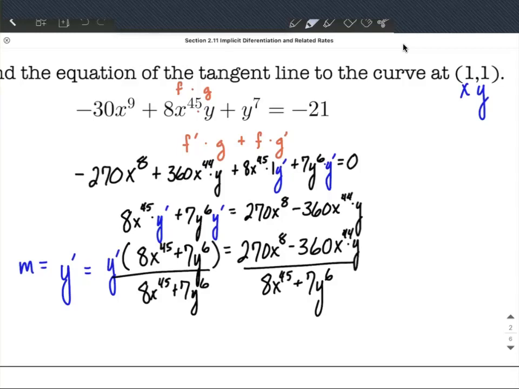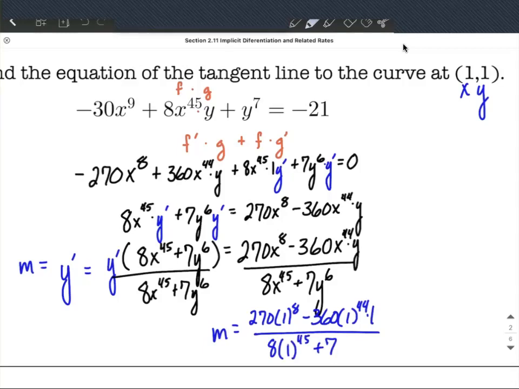Evaluating this, finding the slope of our line actually isn't that bad. It's going to be 270 times 1 to the 8th power minus 360 times 1 to the 44th power times 1 for that y, over 8 times 1 to the 45th power plus 7 times 1 to the 6th power. Raising 1s to powers is nice because 1 times 1 times 1 is always 1.